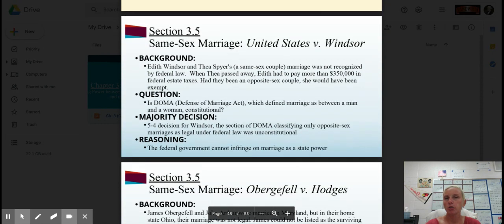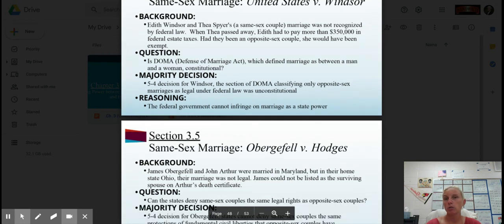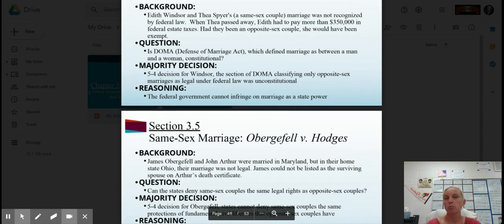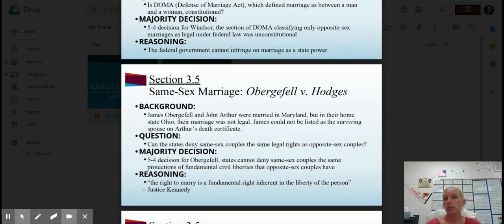There's also been some cases lately about same-sex marriage because for a while, each state got to decide on marriage rules. In United States versus Windsor, a same-sex couple was married and Thea passed away. Edith had to pay a bunch of taxes, and if they were an opposite sex couple, would she have had to do that? So basically, was the Defense of Marriage Act, which was saying that marriage has to be between a man and a woman, constitutional?